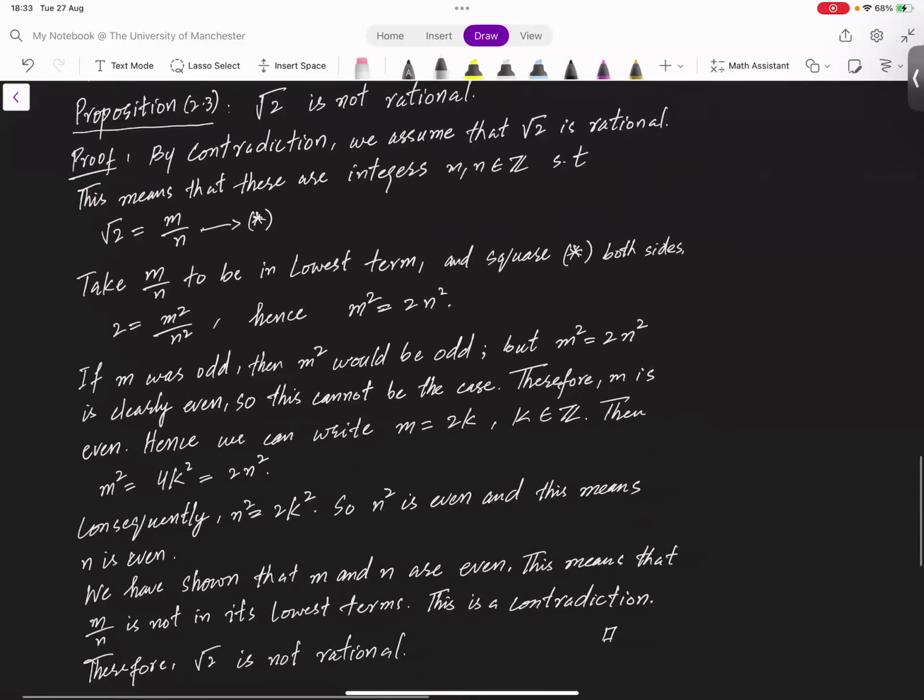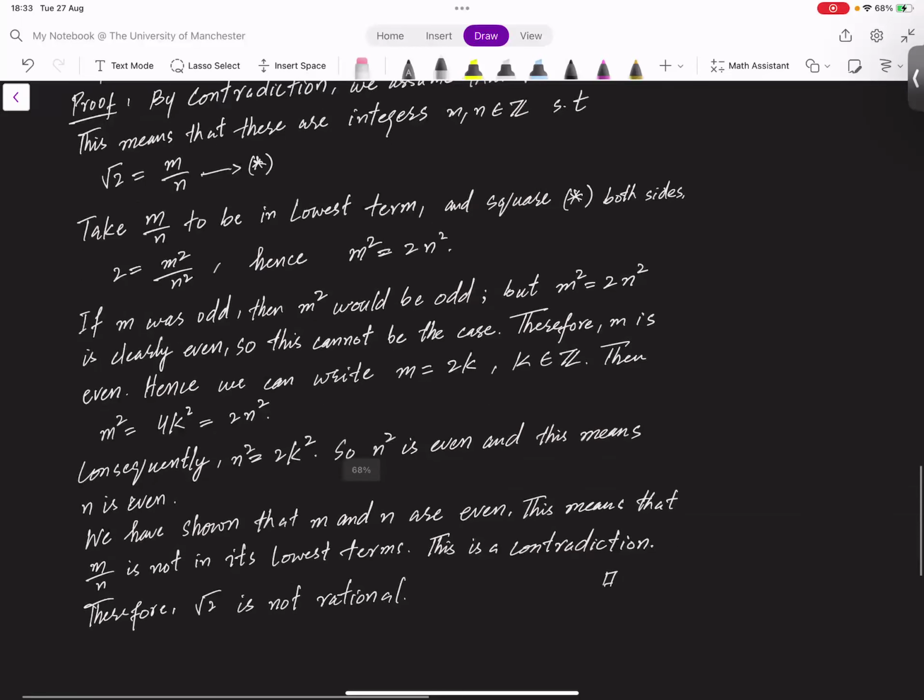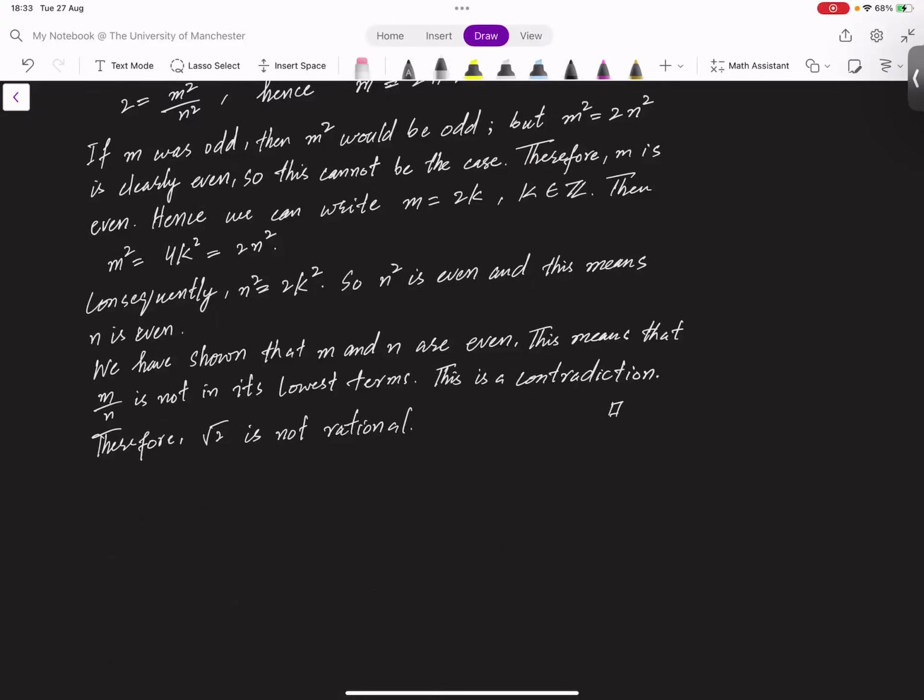Now the following slightly more complicated geometrical argument than that given in proposition 2.2 for the number whose square is 2 shows the existence of the real number under root n for any positive integer n.